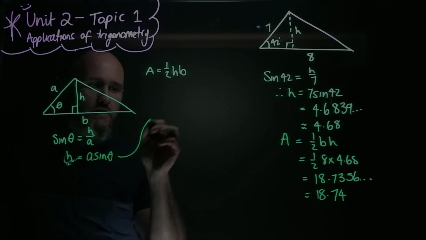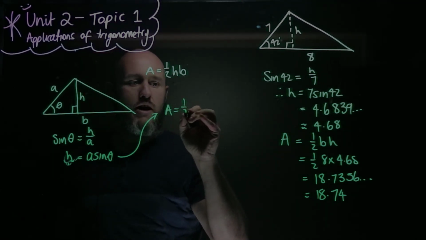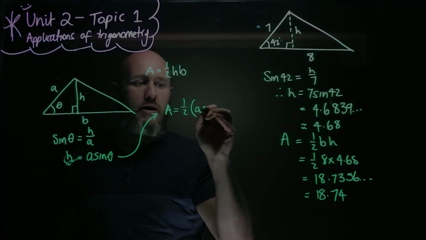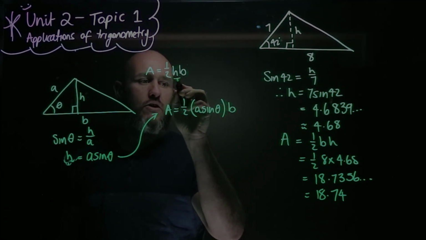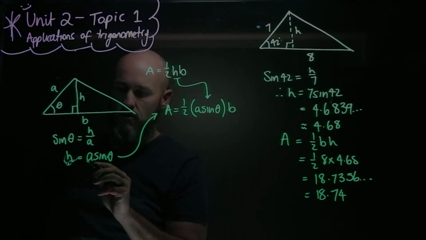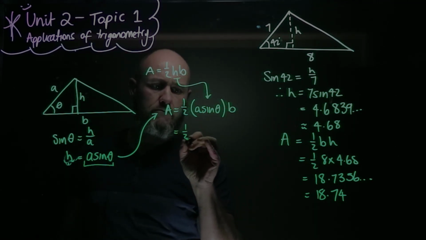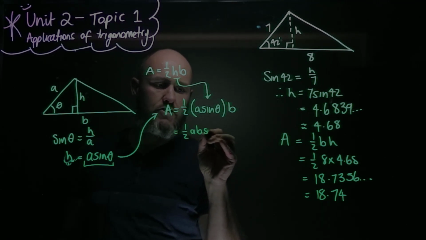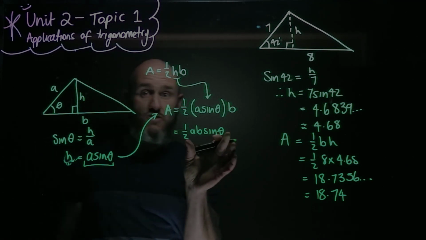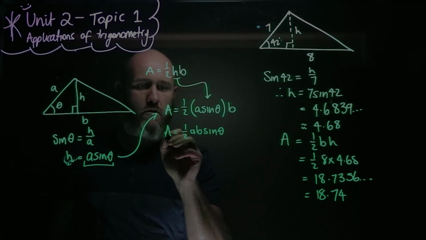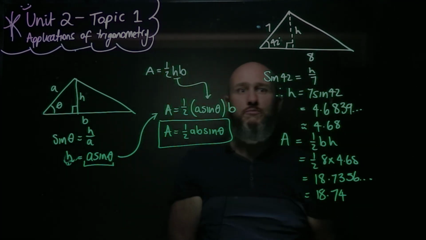And then I can bring this up here and say, therefore, the area is equal to a half times A sine theta times B. Just taking the height out and putting what it's equal to in there. Rearranging this, I get half AB sine theta is my area. That's on your formula sheet as well. That's what you need to remember. But it means we don't have to jump through all these hoops.